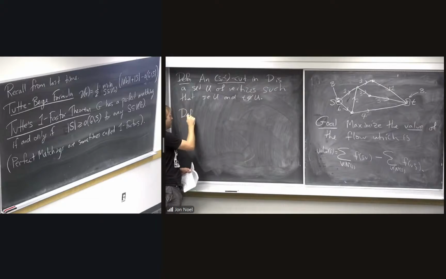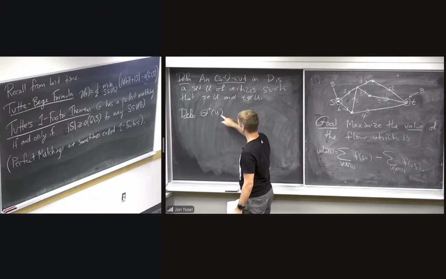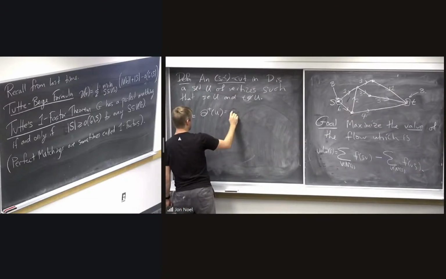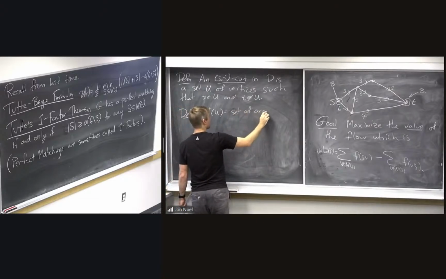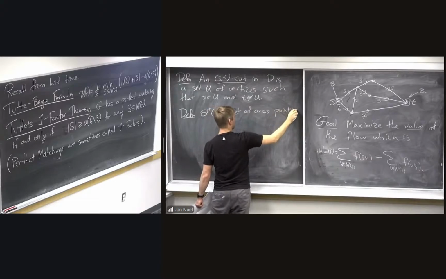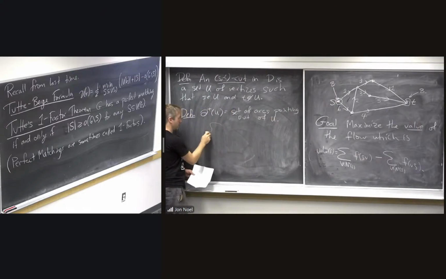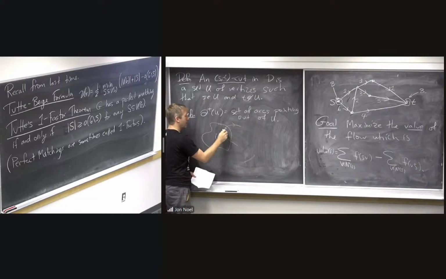And another definition is that if I have a set U, and I write this squiggly symbol, like a partial derivative symbol, with a plus and U, this just means the set of arcs that are pointing out of U. So this is my set U. Maybe I've got some arcs coming in, some arcs going out.